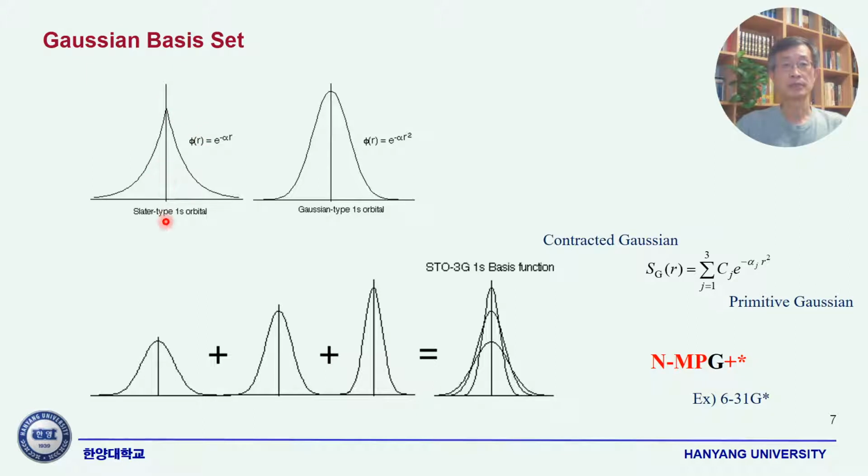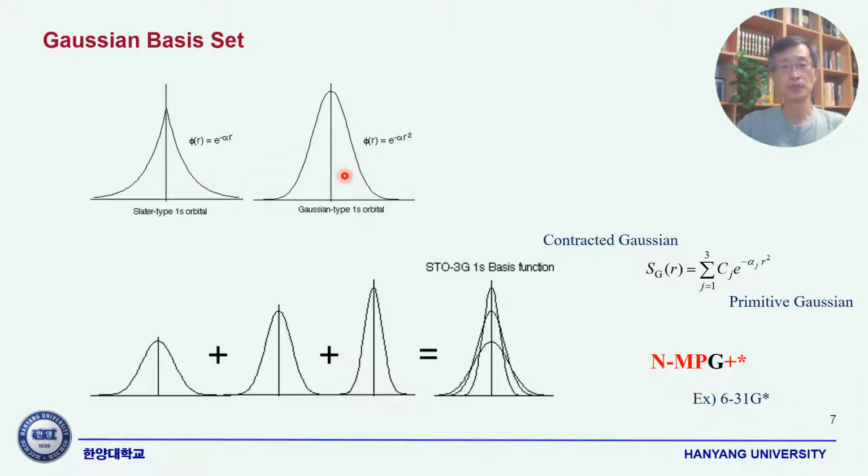The Slater type has a cusp at the nucleus, but the first derivative of the Gaussian orbital at the nucleus is 0. It's flat here. So they are not the same or similar. Also, Gaussian type orbitals decrease very fast compared to the Slater type orbital. The Slater type orbital extends further as r increases, while this one dies quickly. That's basically the difference.